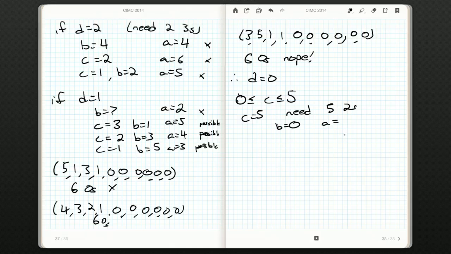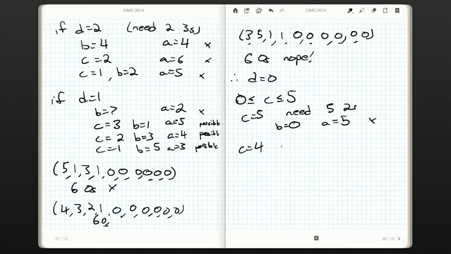We'd need F to be 1, which can't work. But let's continue on with the way we're doing things. We need A to be 5. That's a no-go. And that's really all that we can have.